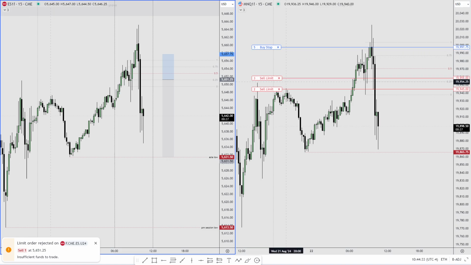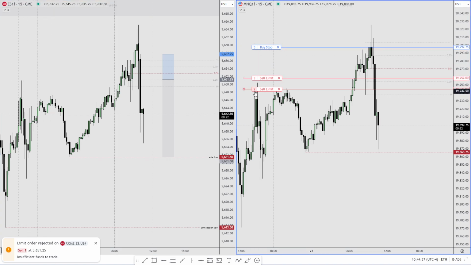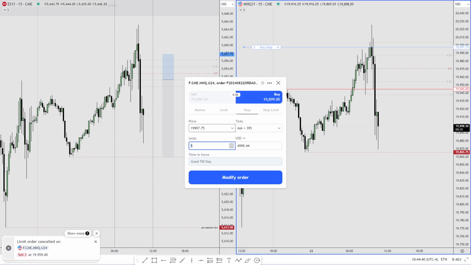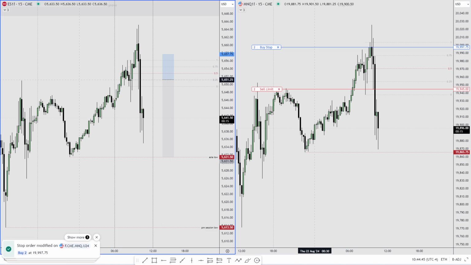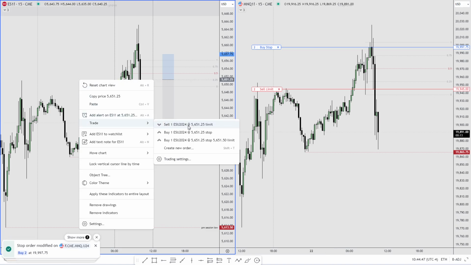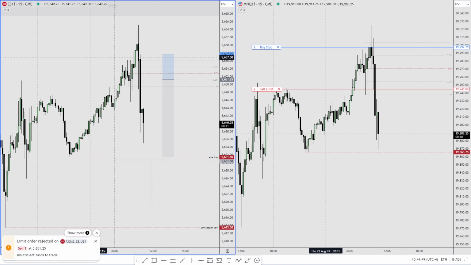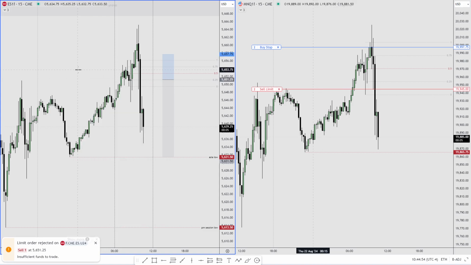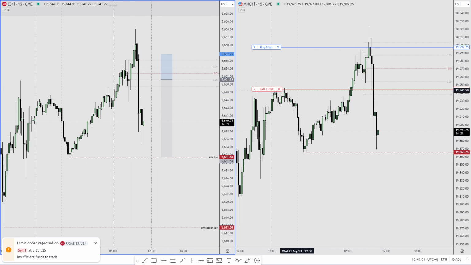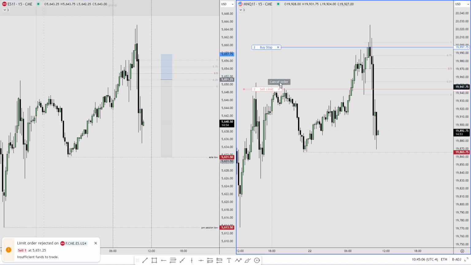Okay, I'm just gonna put 2 here, and then we'll see which one hits it first. If ES can come into this level here, that would be great. I can't. I still can't. So I can only choose one. Right, I'll choose ES for now.